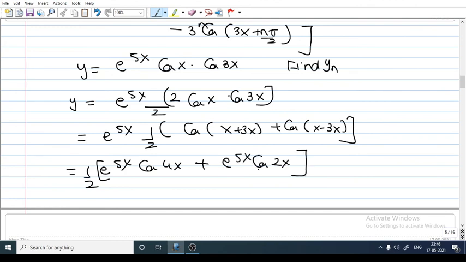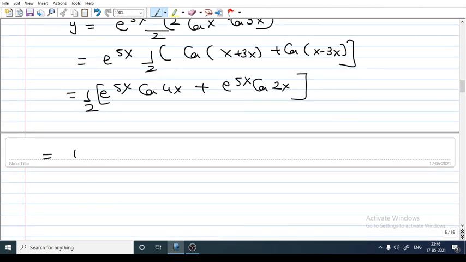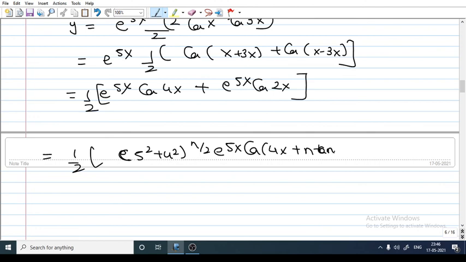Now we will apply the nth derivative for this, so it will be nothing but (5 square plus 4 square) the whole power n by 2, e power 5x. So hope you keep these formulas in your mind. e power 5x into cos(4x plus n into tan inverse), here c is 0, so tan inverse, b is 4, a is 5.